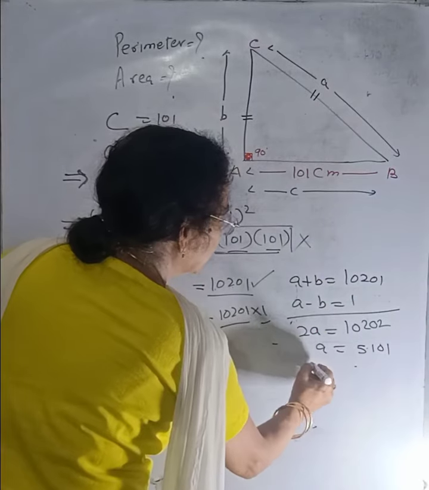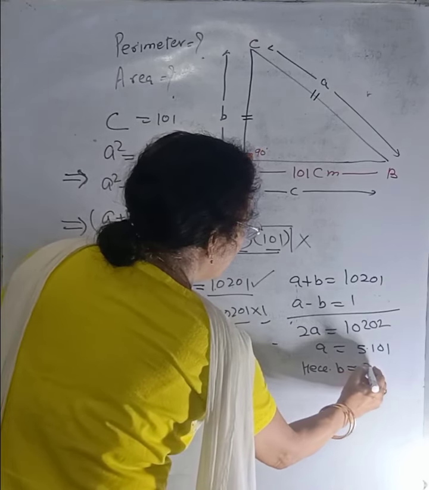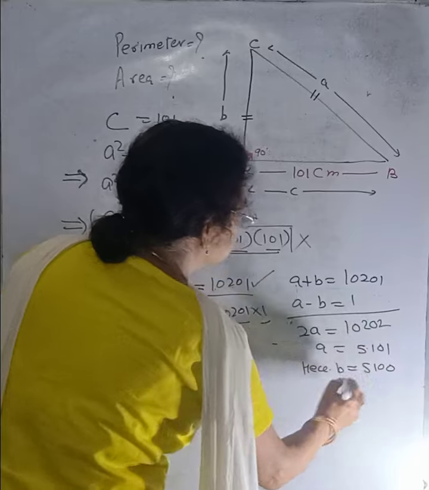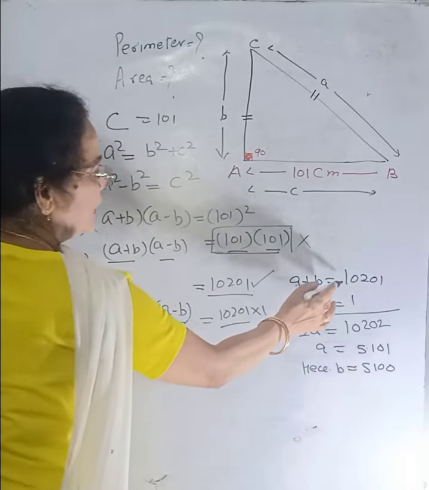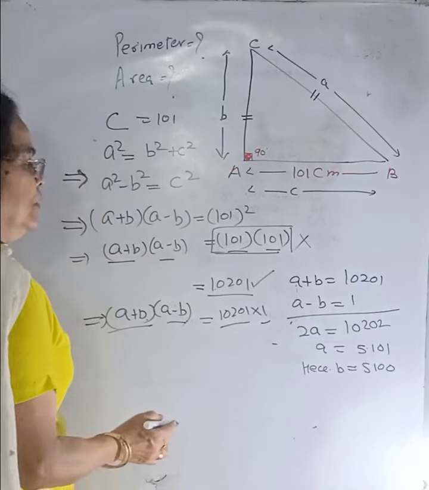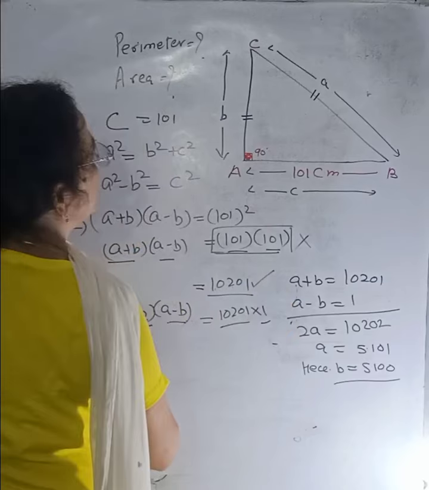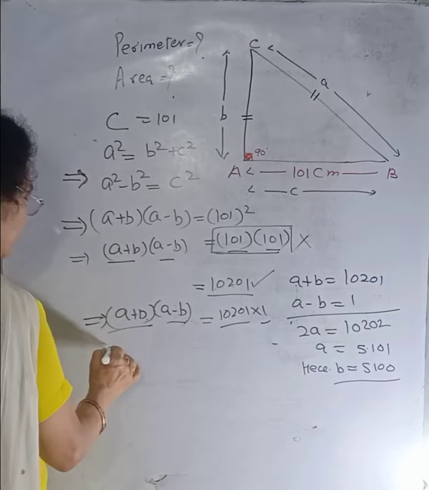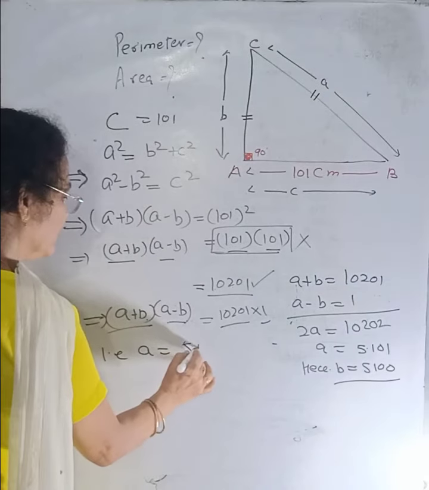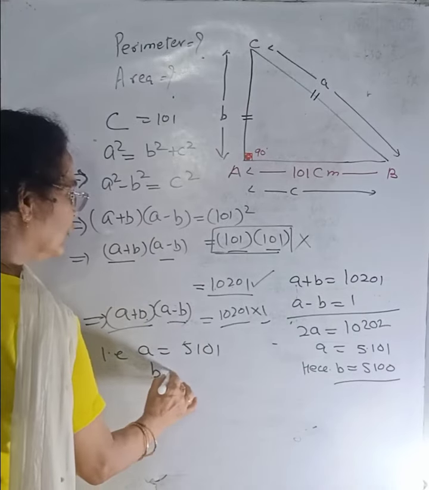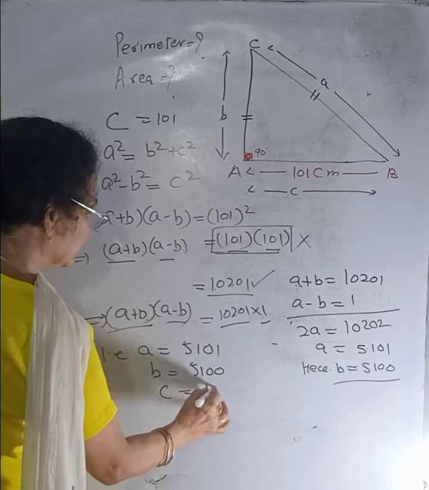Hence B will be equal to 5,100. Subtracting this from this, 10,201 में से 5,101 घट जाएगा. This is the value of B. It means that A will become equal to 5,101, and B is equal to 5,100, and C is already given to us, 101.